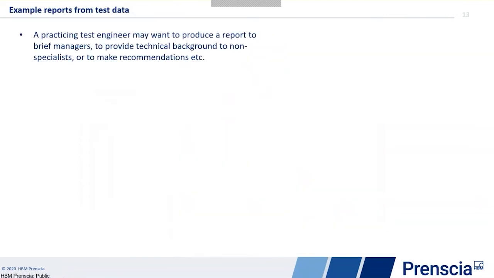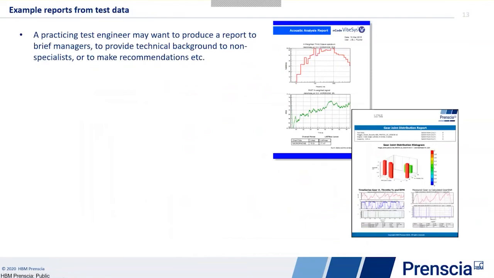Okay. So how do reports look? Most of the time, the engineer in the laboratory needs to brief the manager or the decision maker, so what does a one-page report look like?